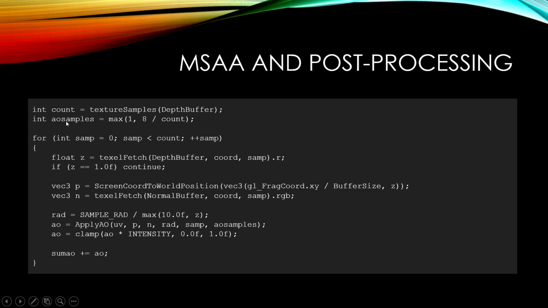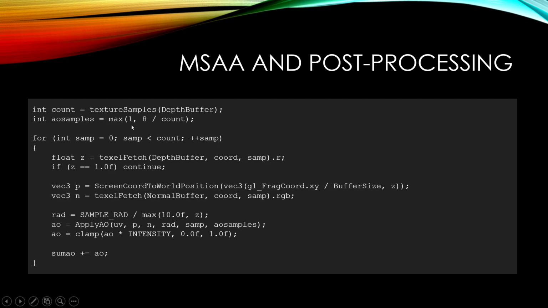Then this routine does a certain number of different samples for the SSAO effect, by default 8. I'm going to take 8 divided by the number of texture samples, and distribute that across the different samples in that depth buffer so that I can get different results and blend them together.